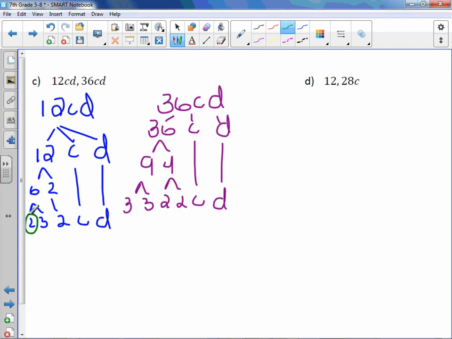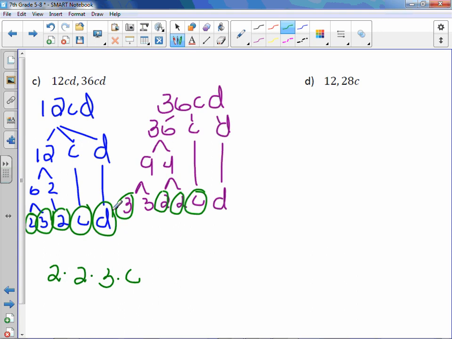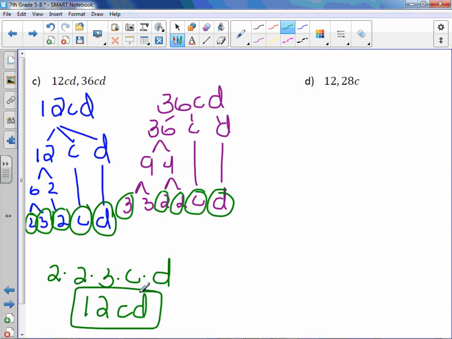Looks like they have a 2 in common, another 2 in common, a 3 in common, a c in common, and a d in common. Multiply these together. 2 times 2 is 4, times 3 is 12, so 12cd. That's the GCF.